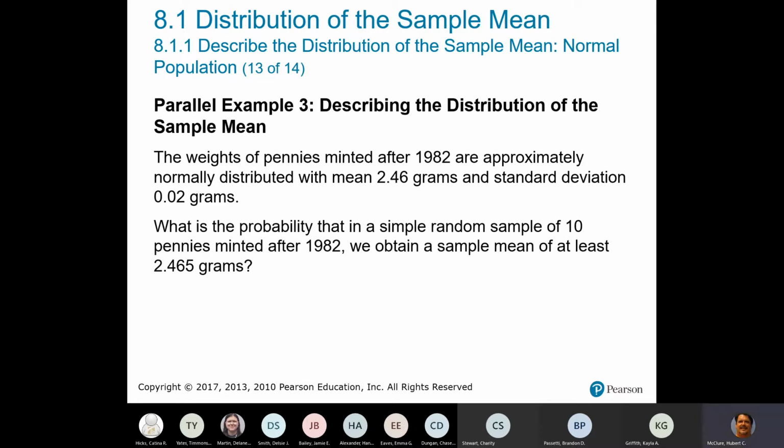They want to know what is the probability of at least. At least means that the lowest number has to be what? 2.465. So that means greater than or equal to 2.465. Give y'all another 30 seconds to write that down.